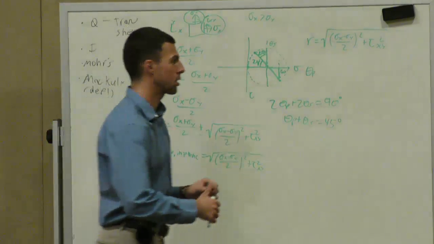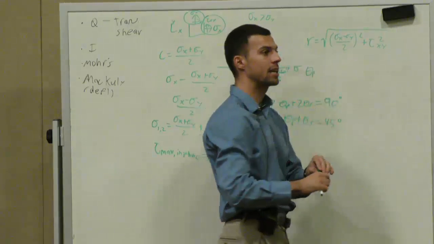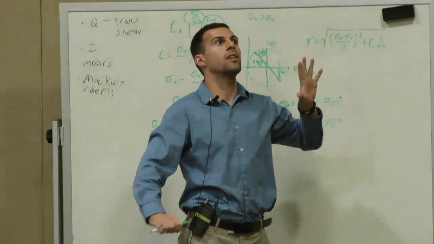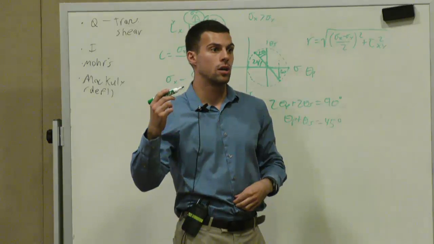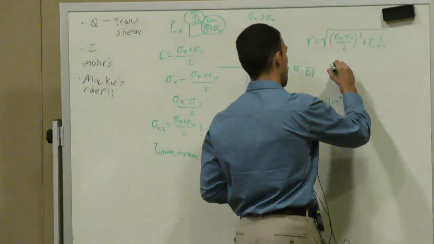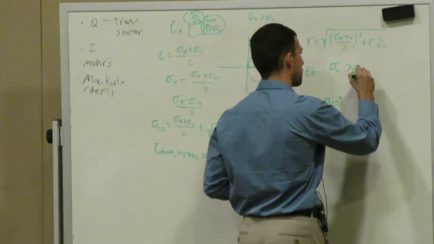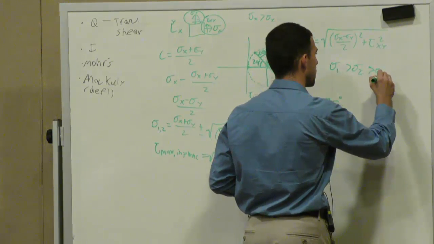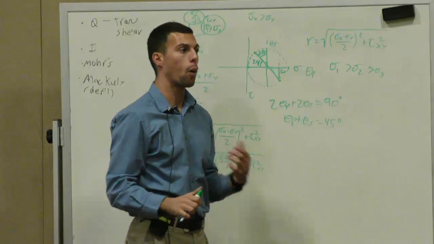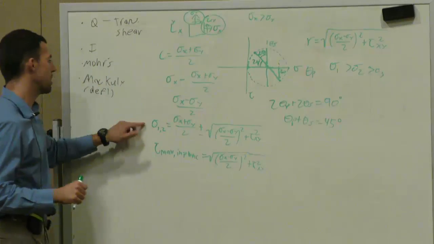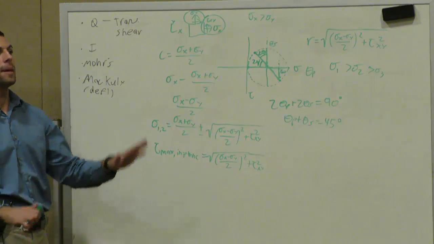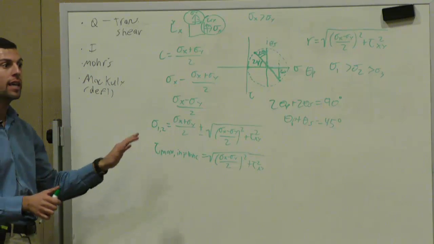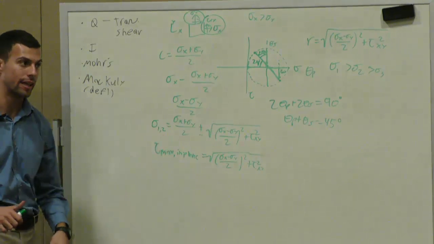This confuses the crud out of students. The convention for labeling your principal stresses is principal stress 1 greater than principal stress 2 greater than principal stress 3. What that means, these, the ones that you calculate, the subscripts given in the equation are 1 and 2, but it is not necessarily stresses 1 and 2 that you're calculating.